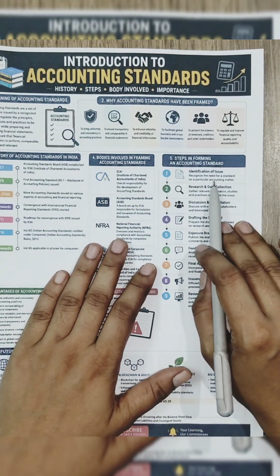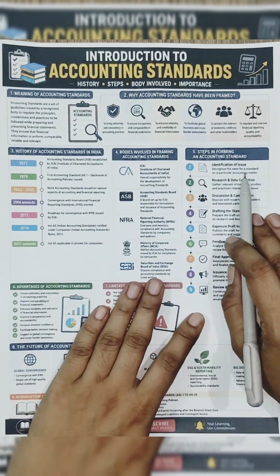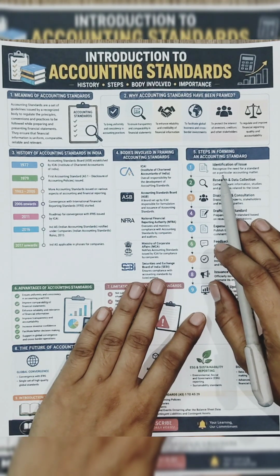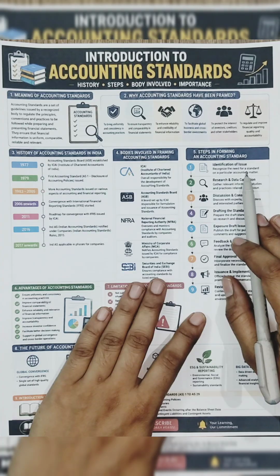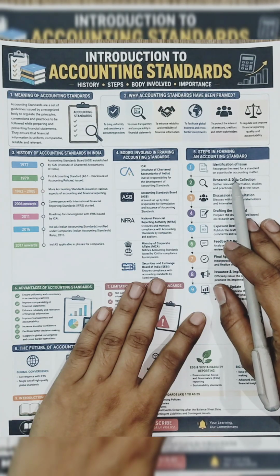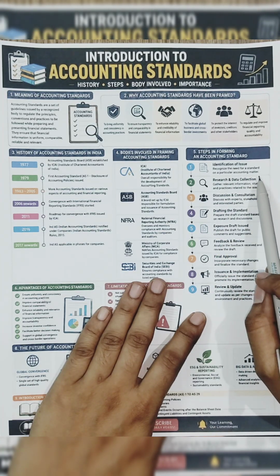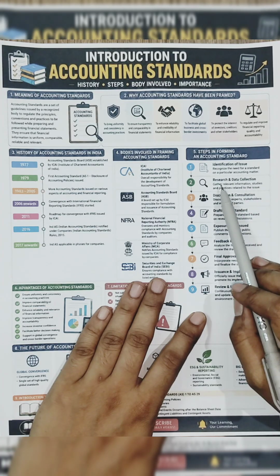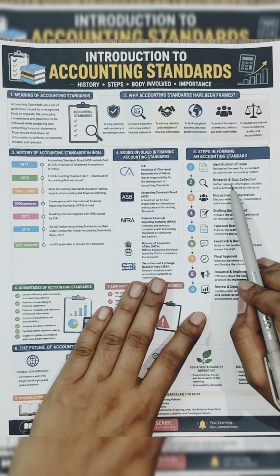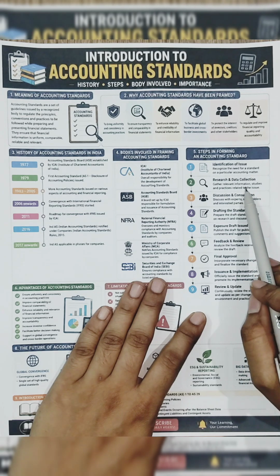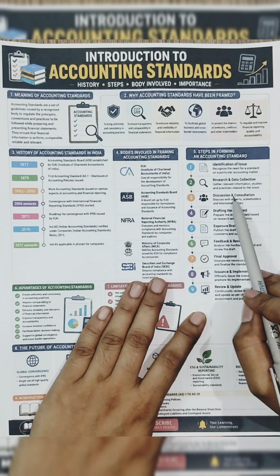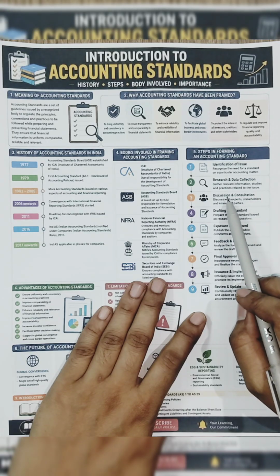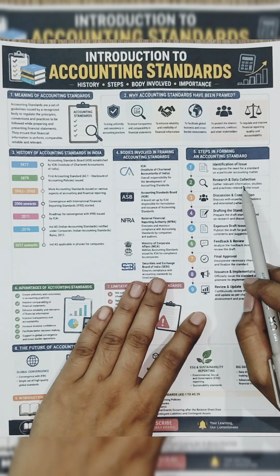What are the steps in forming an accounting standard? First, identification of the issue, which is recognized as needing to be standardized on a particular accounting matter. Then research and data collection will be done. They will gather relevant information, studies, and practices related to the issue.